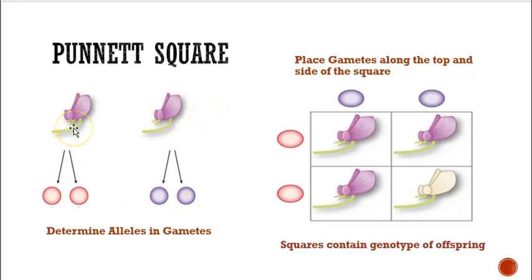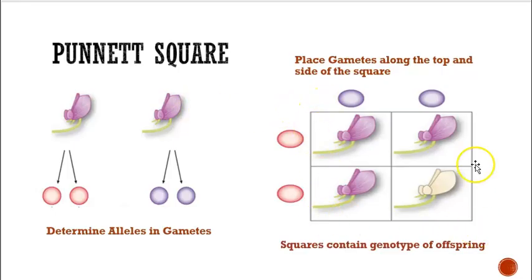They produce egg cells and sperm cells. So each parent will pass on one of their alleles in each of the gametes that are produced. And we can predict what the offspring will look like from 2 parents based upon their allele combinations, right? Because this is what they're passing on to the next generation.